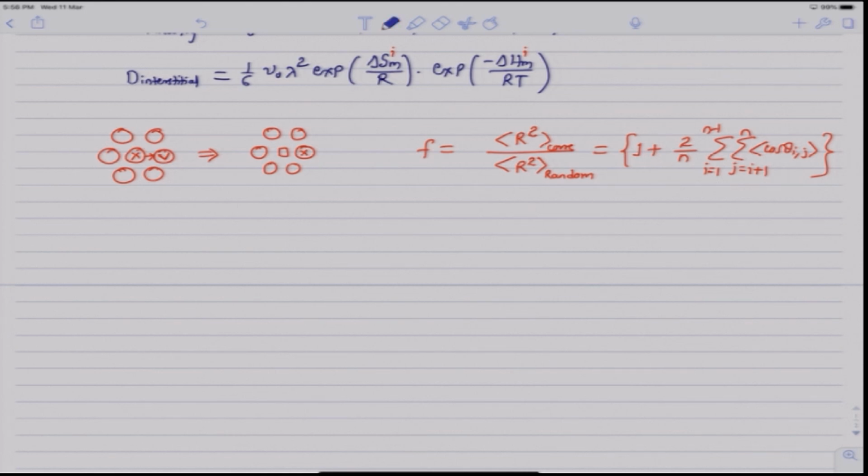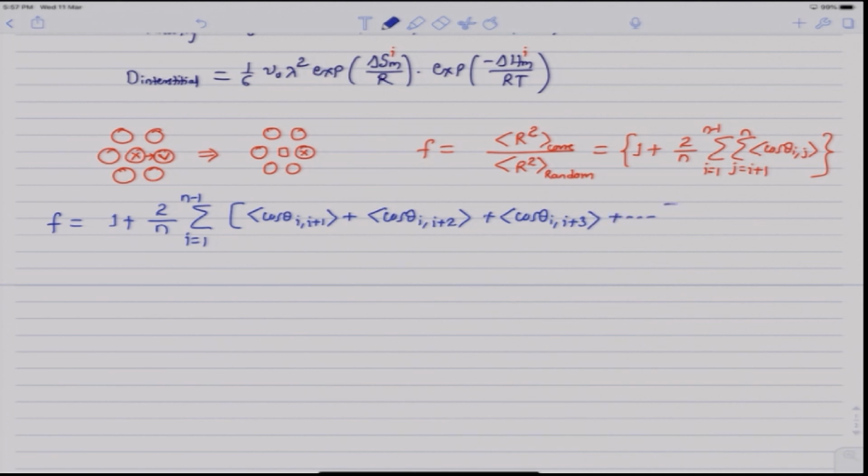So, if we expand the summation inside, we can write f is equal to 1 plus 2 over n summation i goes from 1 to n minus 1 would be cos theta i plus 1 plus cos theta i plus 2 plus cos theta i plus 3 and so on.